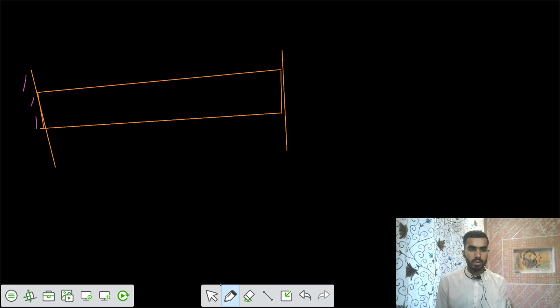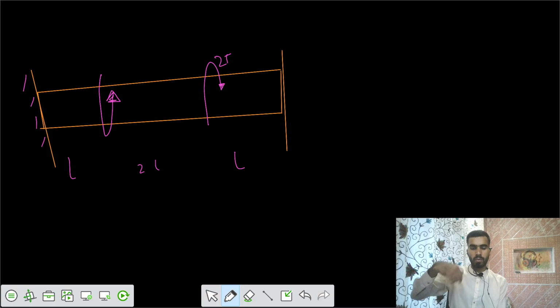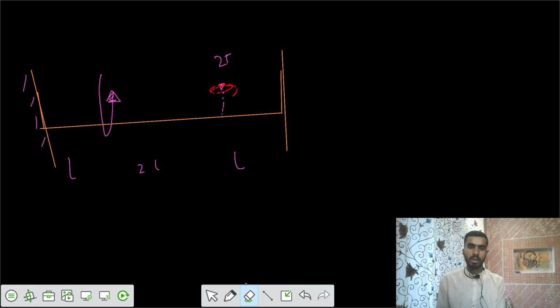So you're applying a torque, let's say this one is clockwise 2T, and this one is anti-clockwise. Is this clockwise? No, this is not clockwise, this is anti-clockwise. So for the clockwise, you have to show the arrow in this way. So this is clockwise 2T. Let's say this is your section. So for this one, you are applying 2T here and anti-clockwise.